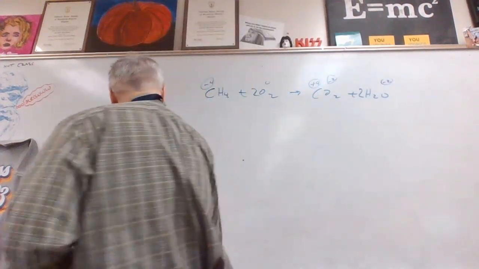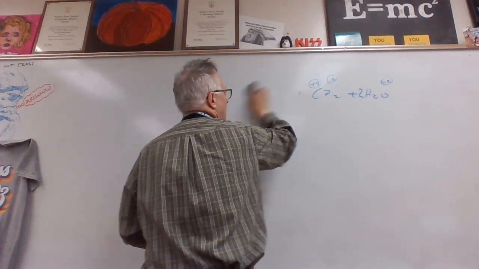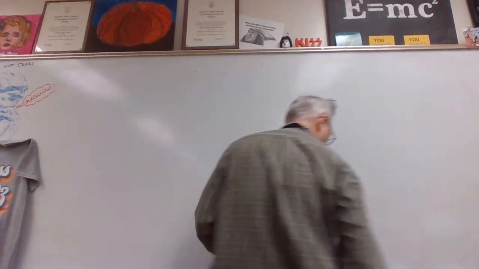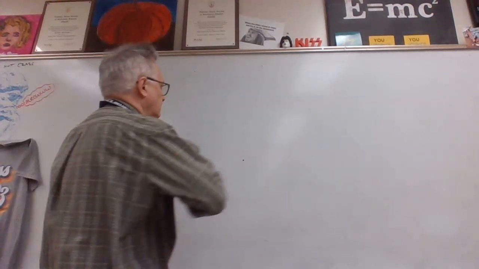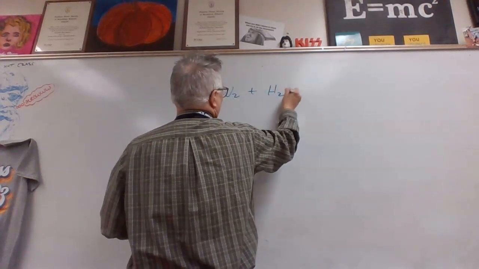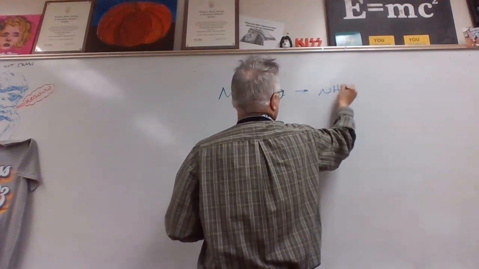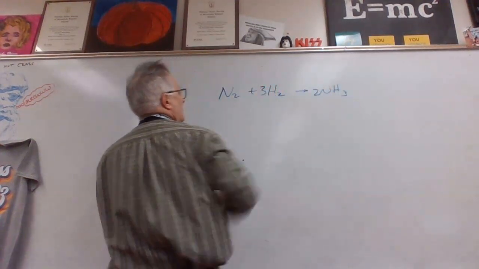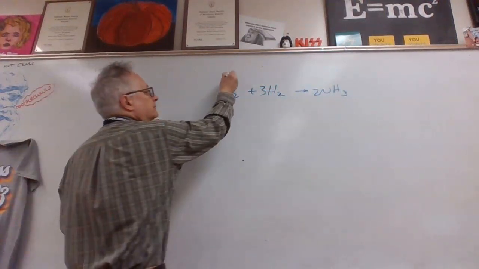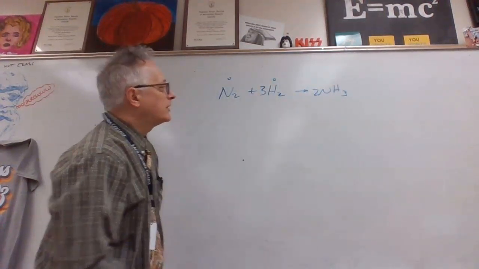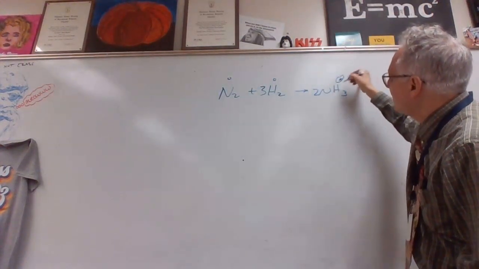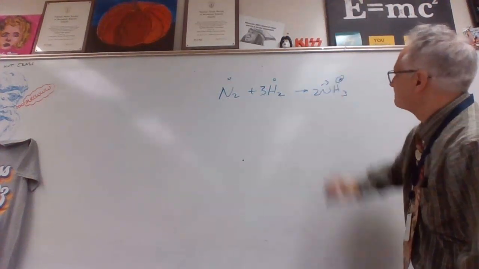Let's do one more, and then we'll look at some problems. Our old famous reaction. Take a look. 0, 0, and over here, each one of these hydrogens is going to be in the +1 oxidation state, and this nitrogen is going to be -3.